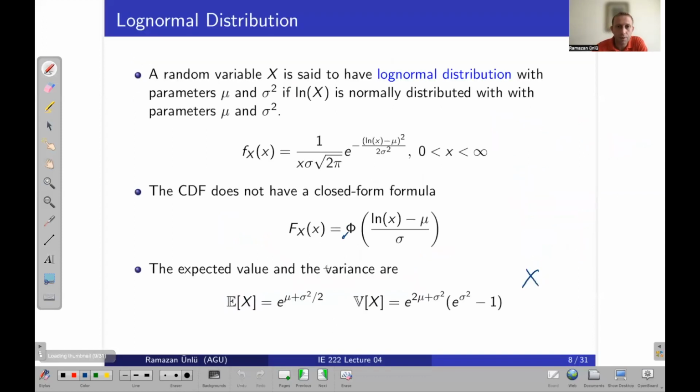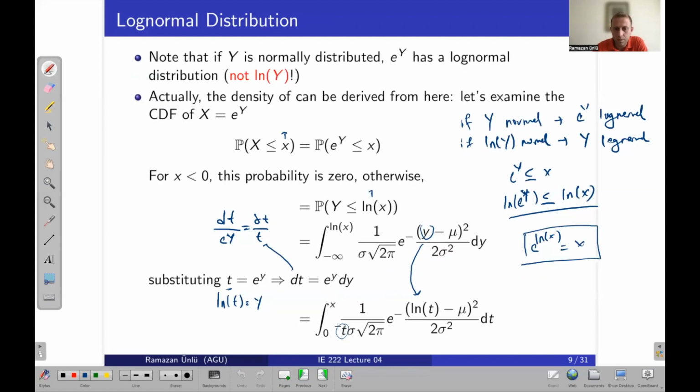And remember that x is coming from this one. That's why we added one additional x to the denominator. But you don't need to memorize all these things.